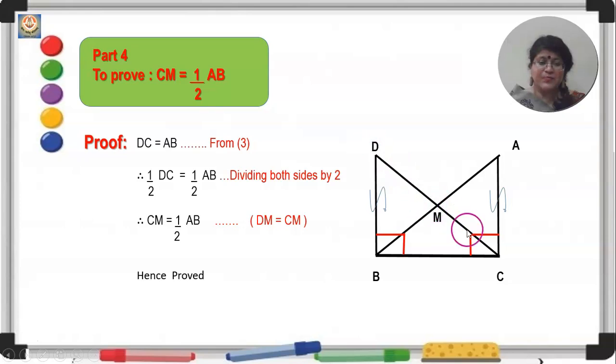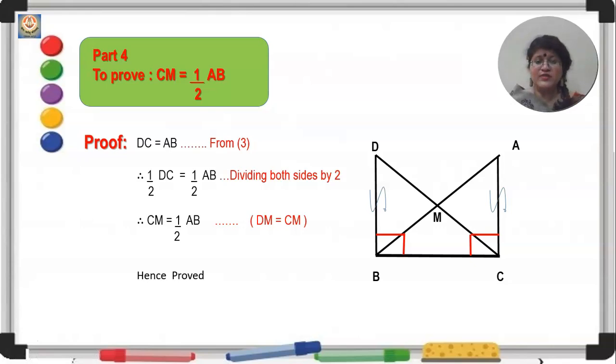Isn't M the midpoint of DC? It is already given. Under given, you have DM congruent to CM. So half of DC is CM. So instead of half DC, I will write CM. So CM is equal to half AB. I keep it as it is. And this is what you had to do. So hence, proved. So students, these are the 4 parts to this question.